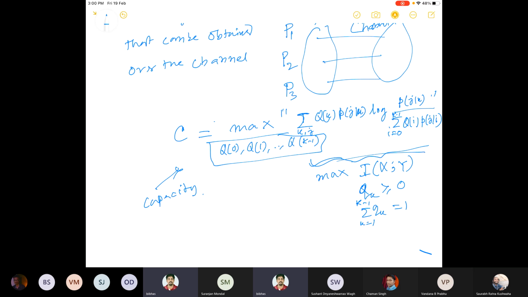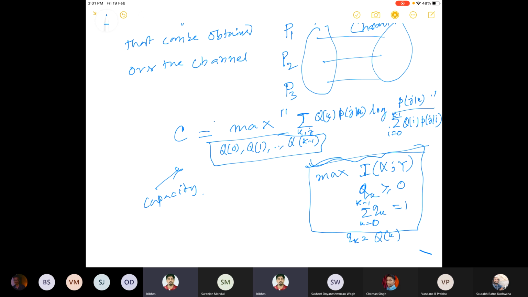Here qk is nothing but q of k, with k equal to 0 to k minus 1. So you have to solve a maximization problem, and if I find that, then this is the capacity of the channel.